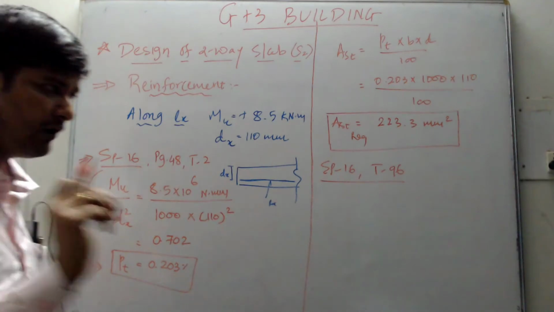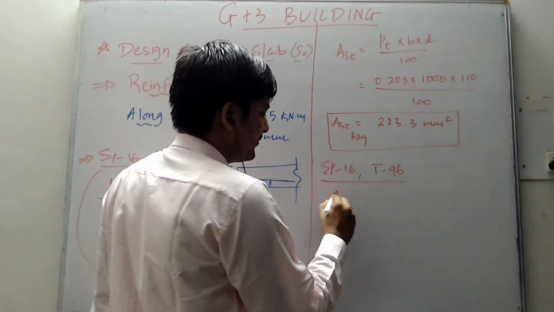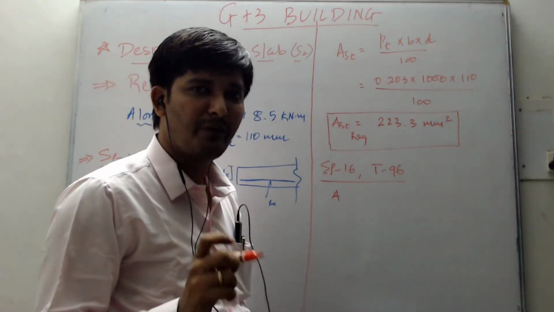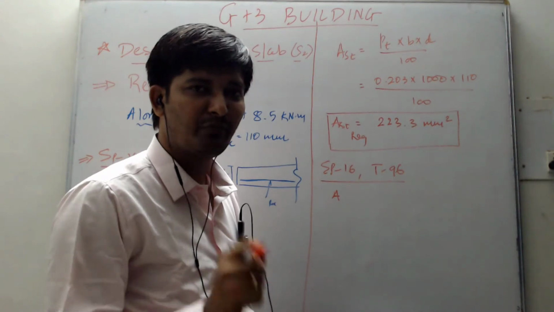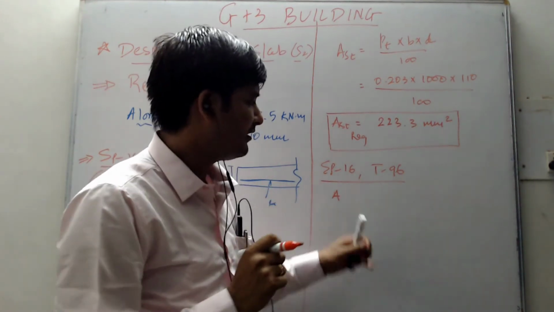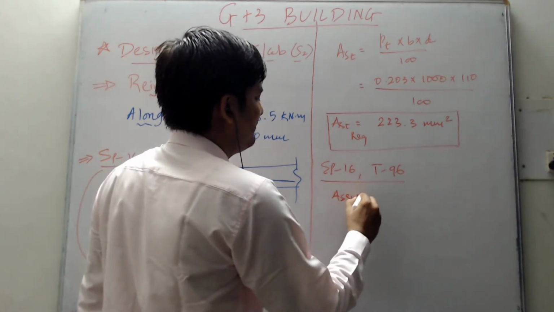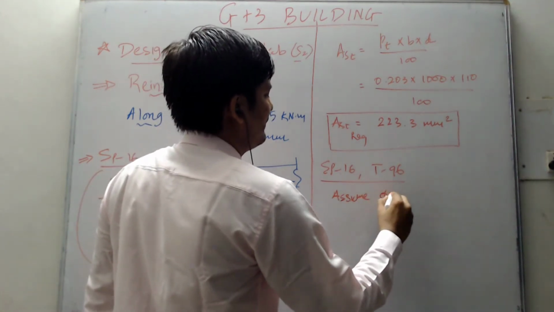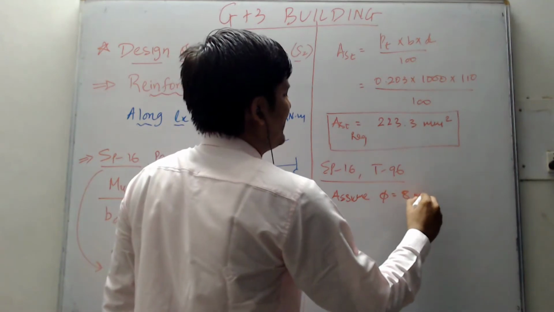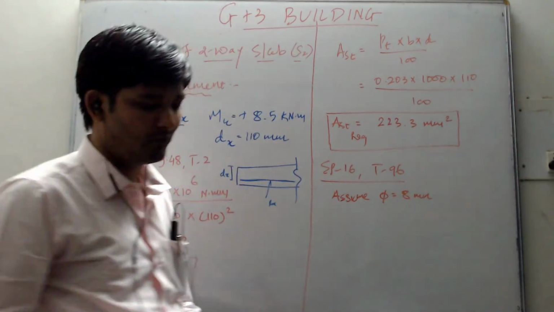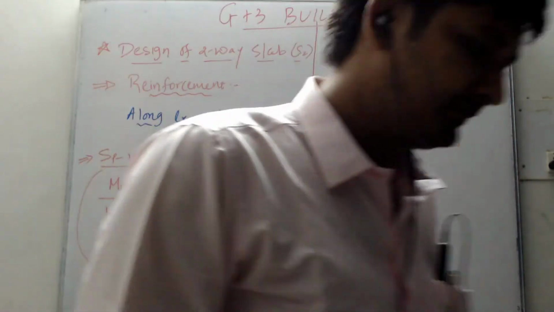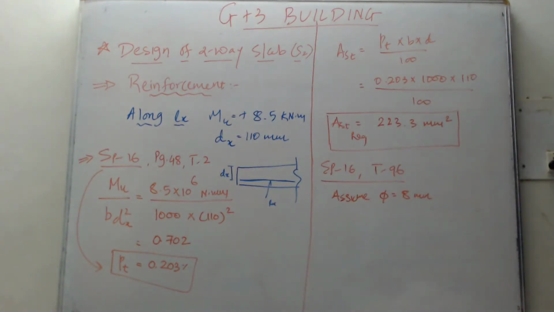How can we assume the diameter of bar? As we have seen in the code, the minimum diameter of bar that we can provide in a slab is 8 mm. So let us assume the minimum, we are providing an 8 mm diameter bar. So let us go to SP16 table number 96.